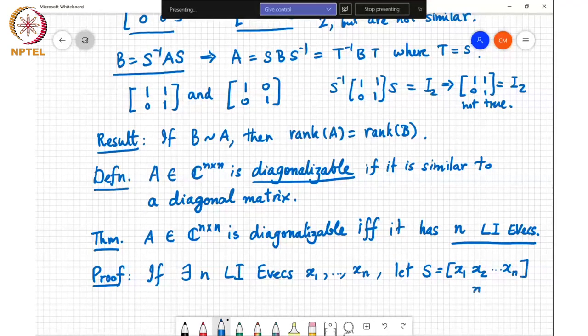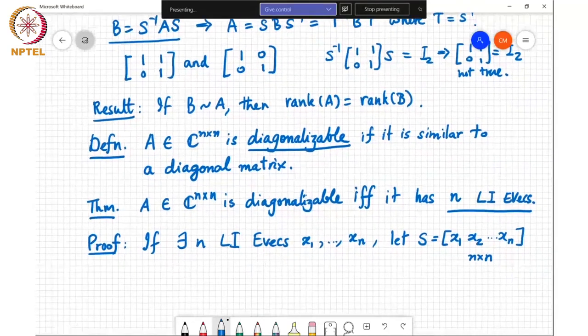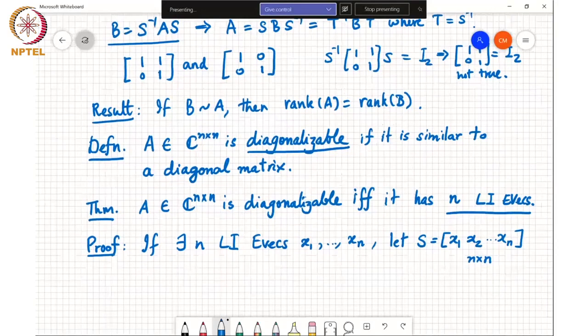So this is an n cross n matrix. We'll show that this matrix works. It will reduce A to a diagonal matrix.